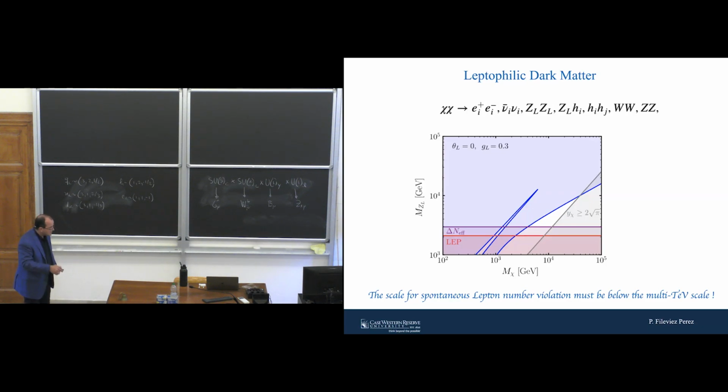The scale where you are breaking U(1)_L, for me the scale is the mass of the new gauge boson, has to be below the multi-TeV scale. Therefore, for the first time, you have a theory where you understand the spontaneous breaking of lepton number, and cosmology tells you that everything should happen at the low scale.